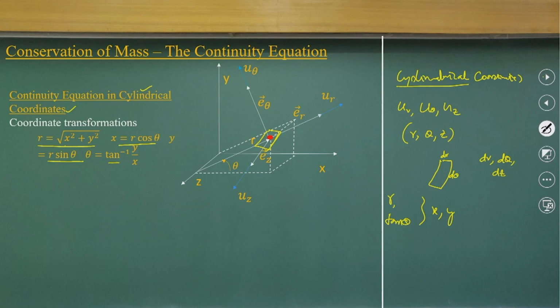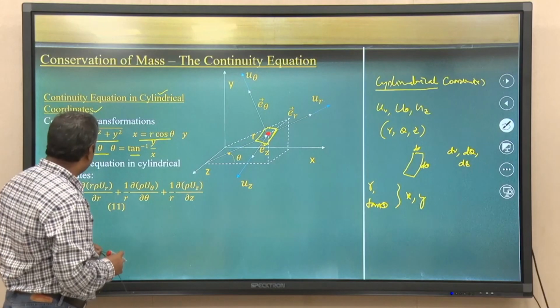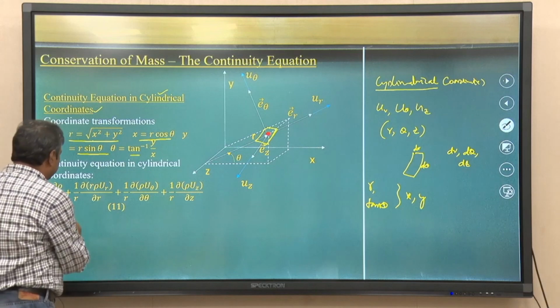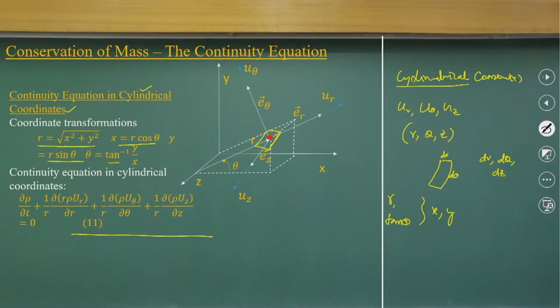So, from our Cartesian coordinate systems, we are converting to the cylindrical coordinate systems. I am not going to derive this, but we can get a similar form of equations with u r, u theta and u z.